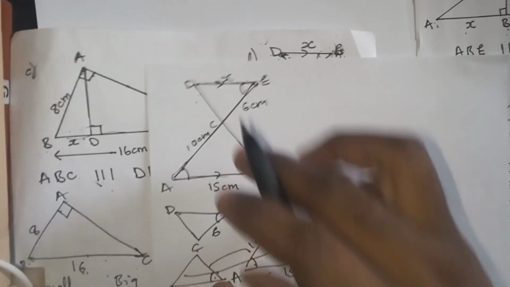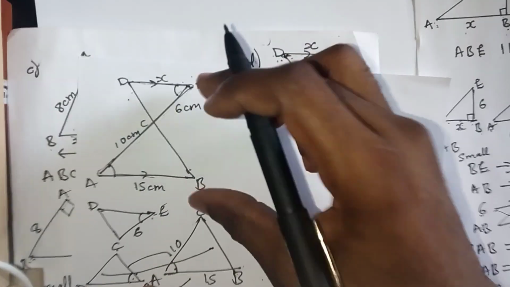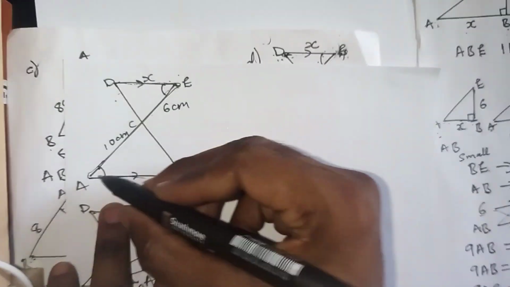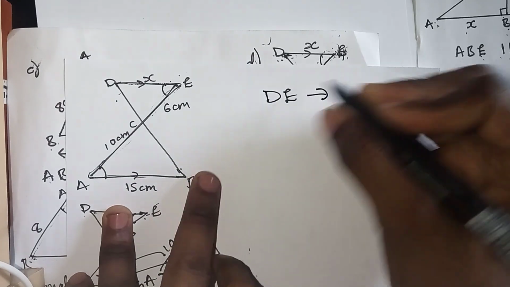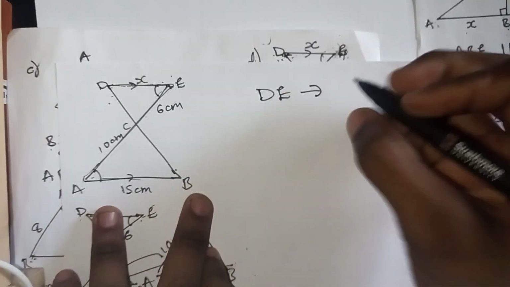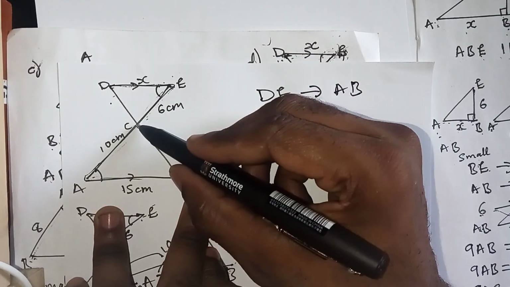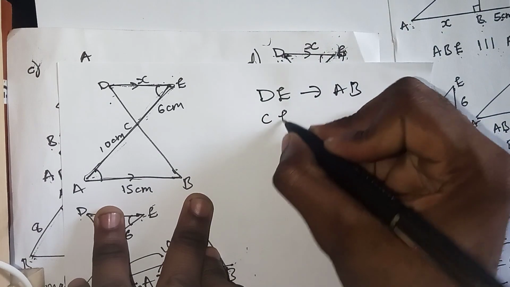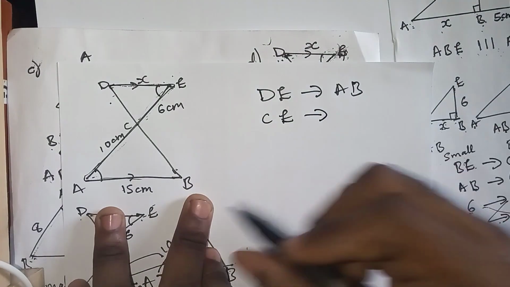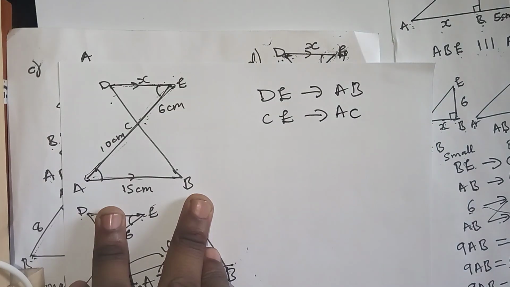So I think it's much easier to look at it in this manner, because you can easily tell that DE is related to the parallel side, which is AB. And then next, CE, this one here, CE is related to AC like this.